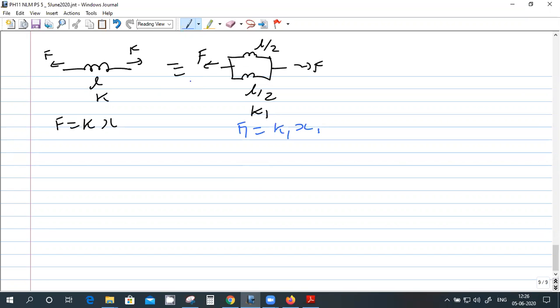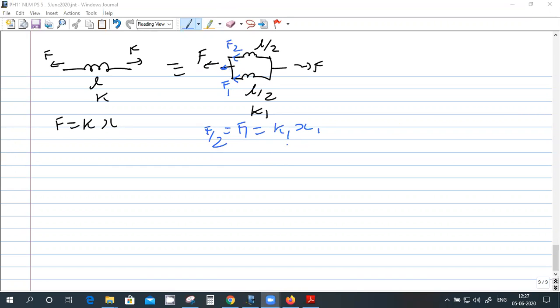It's F by 2, by symmetry, right? This is F1, this is F2, and F1 and F2 are the same by symmetry because they are equal halves. So F1 is F by 2. This force F will get divided between F1 and F2 equally. So F1 is F by 2.